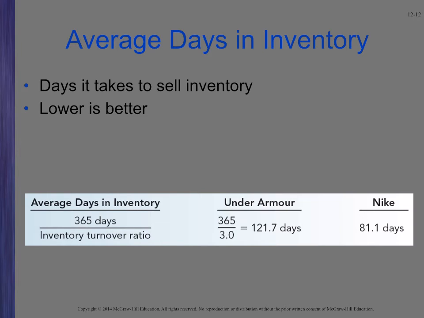In comparison, Nike's average days in inventory is much lower at 81.1 days. Again, don't forget, to find average days in inventory, you have to first find the inventory turnover ratio, which we discussed in the previous slide. If you don't have the inventory turnover ratio in your hand, you won't be able to find this average days in inventory ratio.